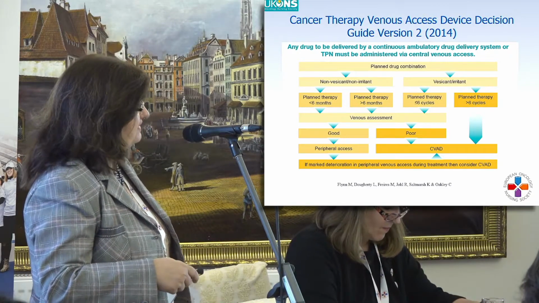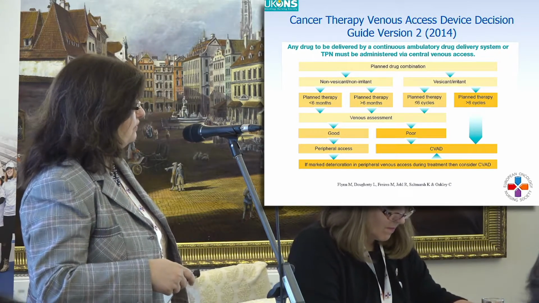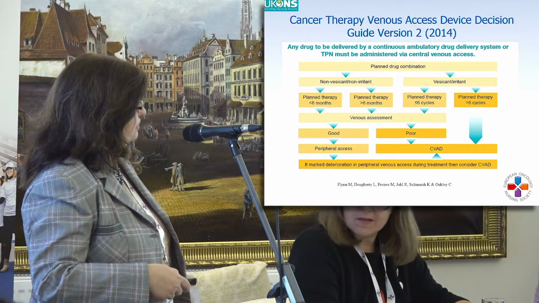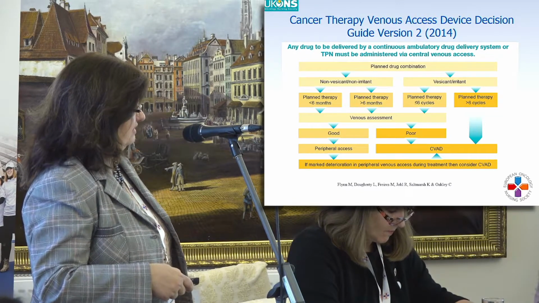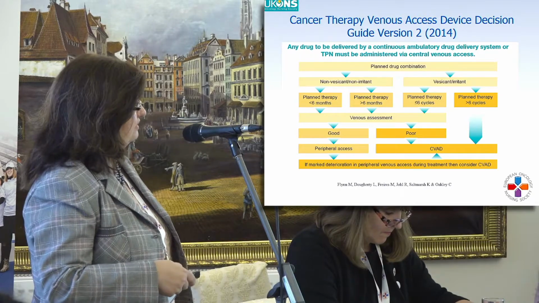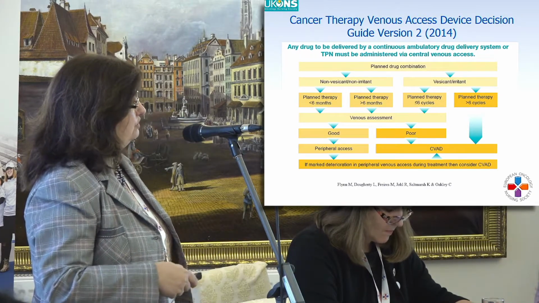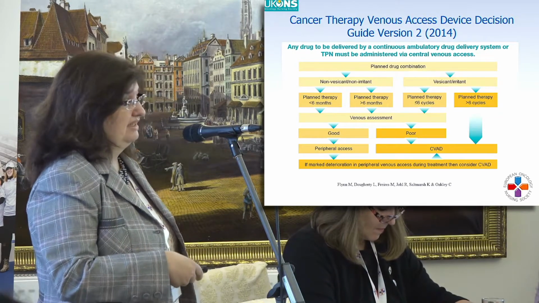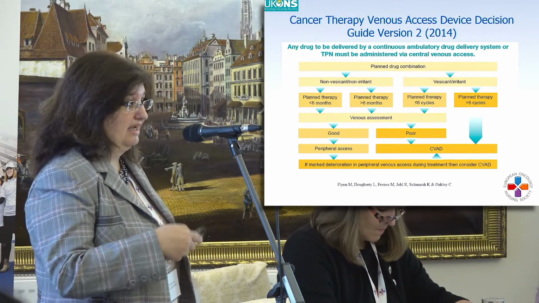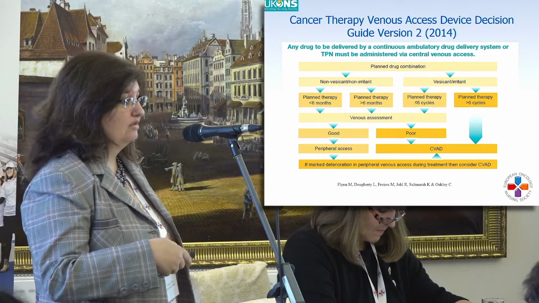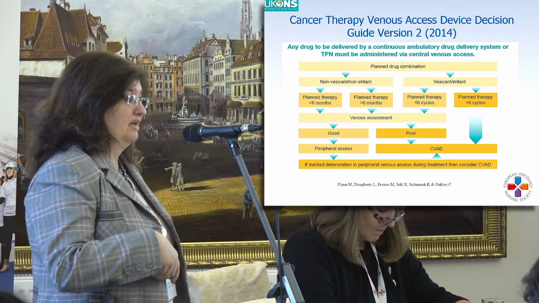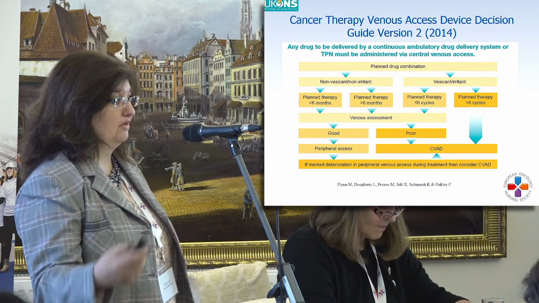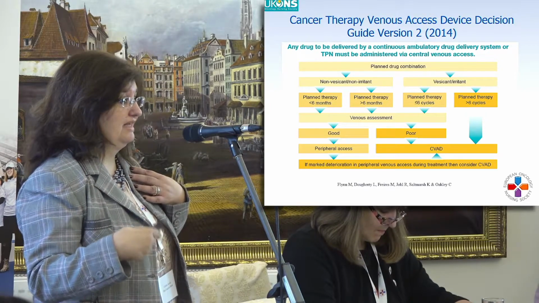If they have a vesicant, you should prefer to use a central venous catheter access. And this is the way you can choose, and everyone should do the choosing in the same way, with the same things in concern whether peripheral or central venous.